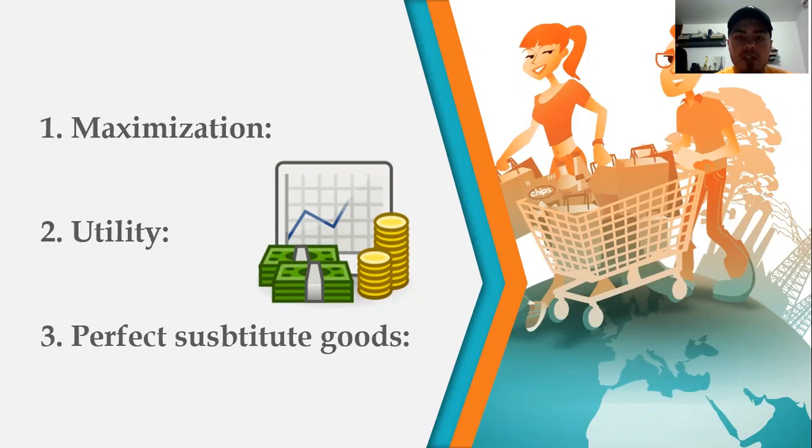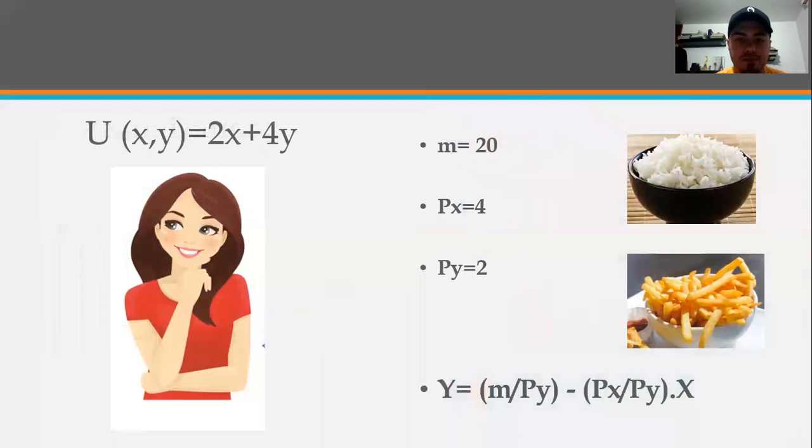So, for this occasion, we're going to take an example of perfect substitute goods. Here is the consumer, and this is her utility function, 2x plus 4y, and the perfect substitute goods are going to be rice instead of fries.